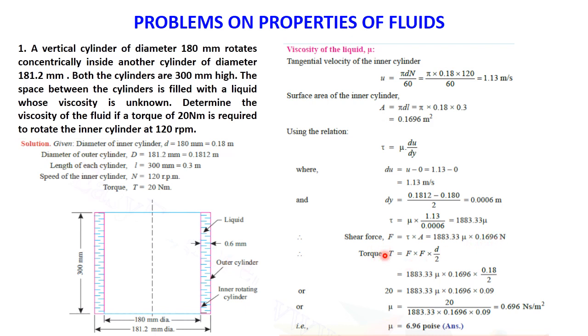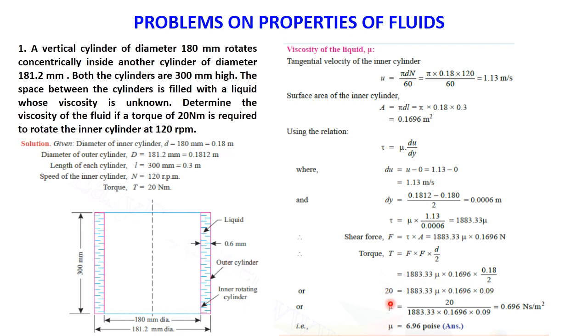Now we know that for calculating torque, we would require the value of power, but power is unknown, so the power equation cannot be used. But we can use the equation of F into D by 2. So F is equal to 1883.33 mu into 0.1696 into D by 2, because torque will always act at the radius, so 0.18 divided by 2.